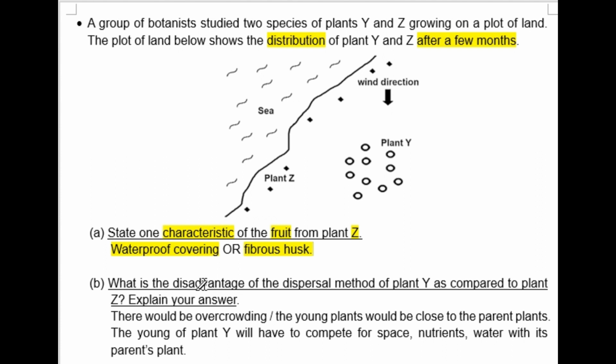B. What is the disadvantage of the dispersal method of plant Y as compared to plant Z? Explain your answer. There would be overcrowding. The young plants would be close to the parent plants. The young of plant Y will have to compete for space, nutrients, and water with its parent plant.